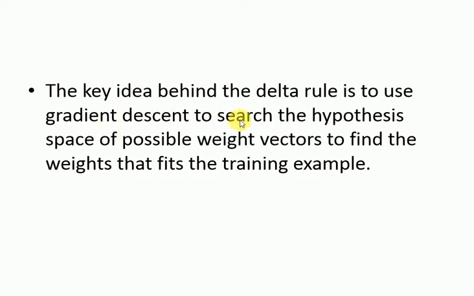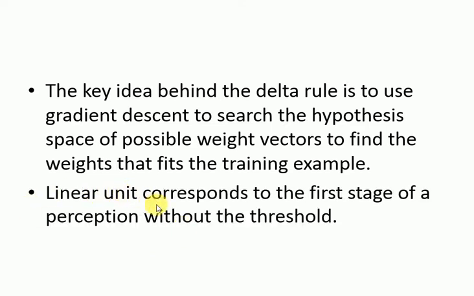The key idea behind the delta rule is to use gradient descent to search the hypothesis space of possible weight vectors to find the weights that best fit the training examples. A linear unit corresponds to the first stage of the perceptron without the threshold.